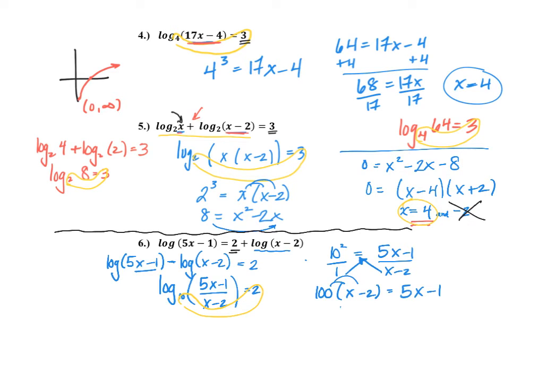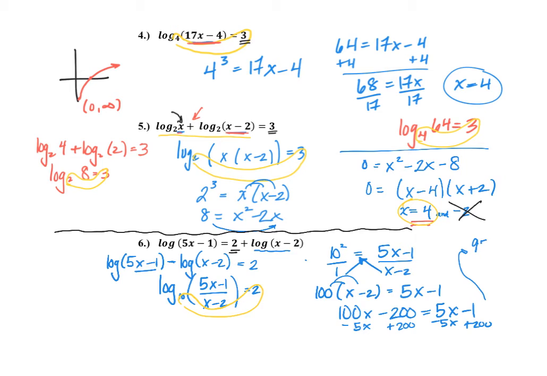Let's keep going. I have 100x minus 200 is equal to 5x minus 1. All right, a couple more steps. If I subtract the 5x over to the left, that's going to allow me to add the 200 to the right. So 100 minus 5 is going to give me a 95.